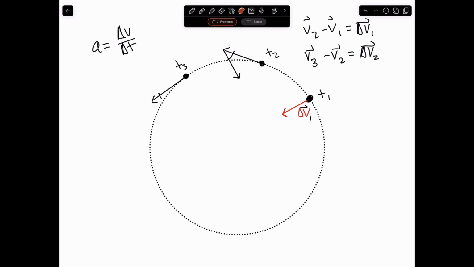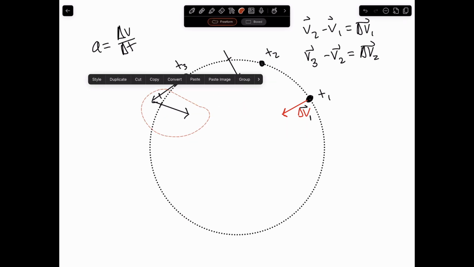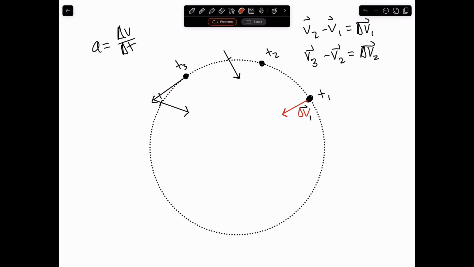I'll do the same process, taking v2, reversing the direction, bop, bop, tip to tail, right about there is good, and beautiful. Now we have delta v2, gonna move this vector back to t2.